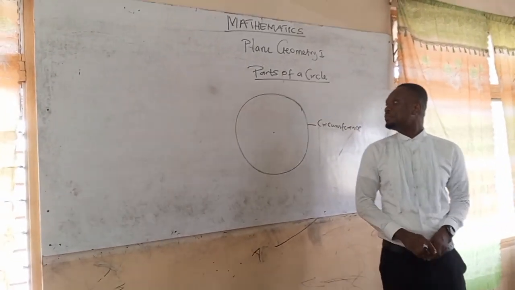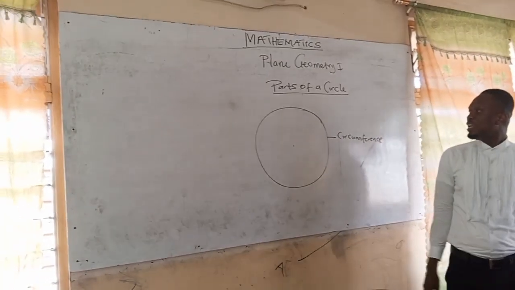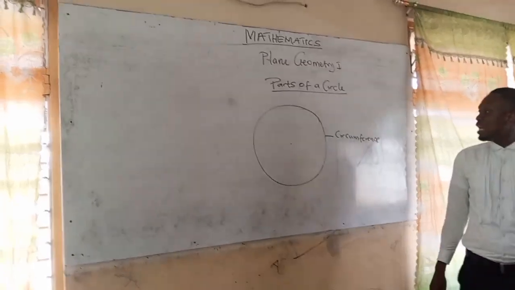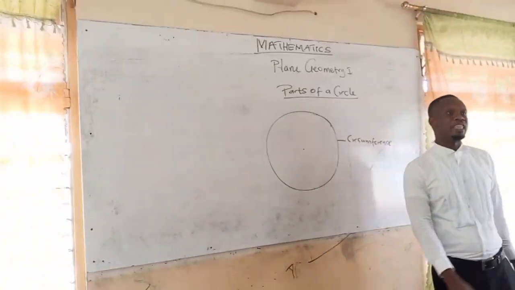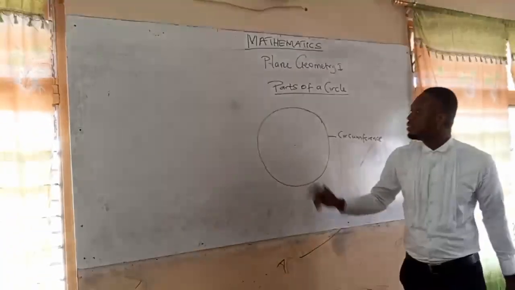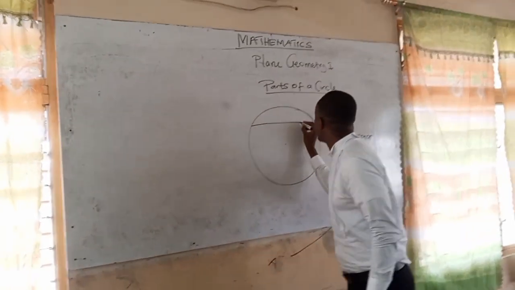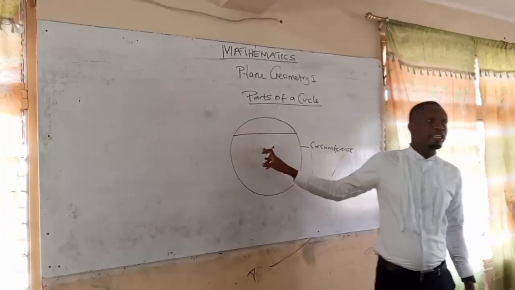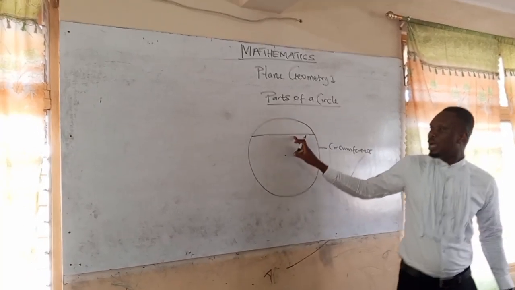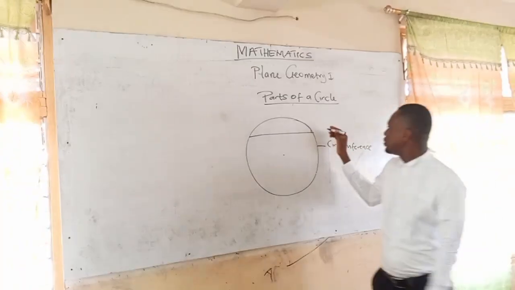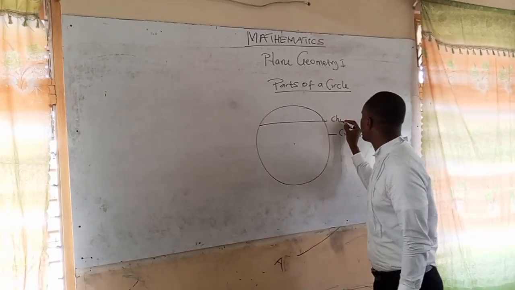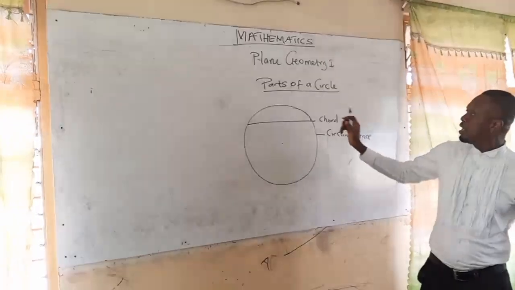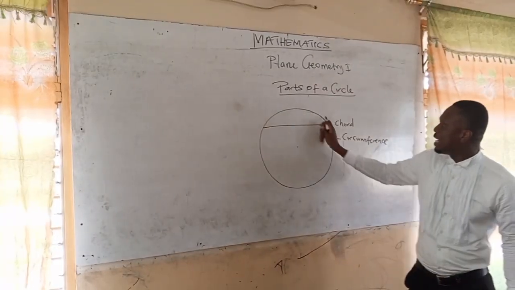Now with this one, if I draw any line touching both ends of the circumference without passing through the center of the circle, like this, the line is known as a chord. And then the curve here becomes an arc.